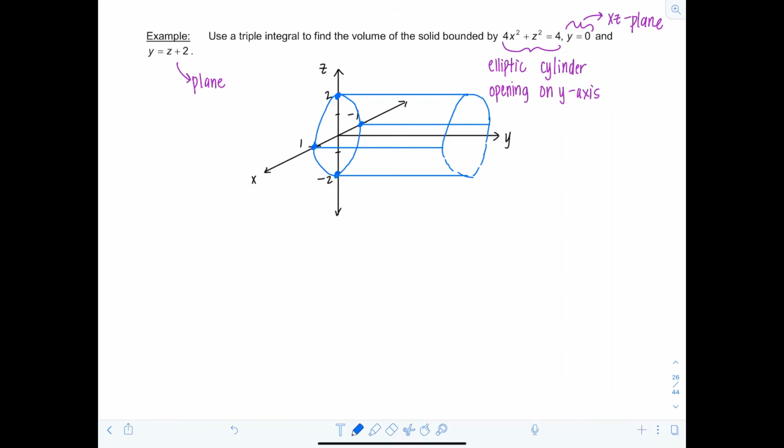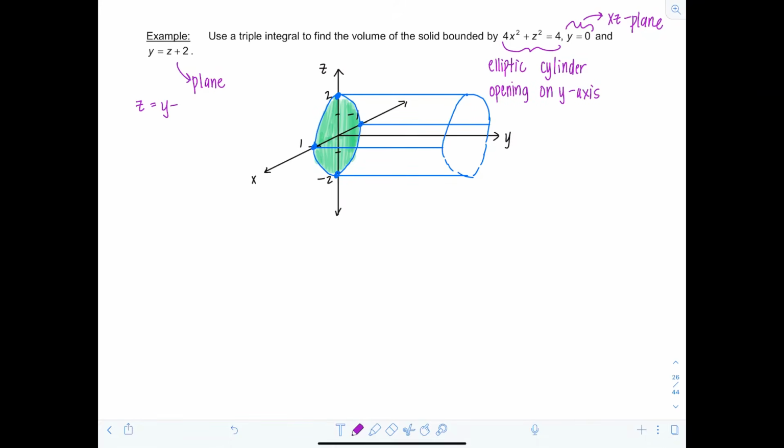Now, y equals 0 is also bounding this solid. So y equals 0, the xz plane, that's going to be back here. All right, so we've got this ellipse in the xz plane serving as one of the faces of our solid. And then y equals z plus 2, that's a plane. Easiest way to graph it is just draw the line that it represents in the yz plane.